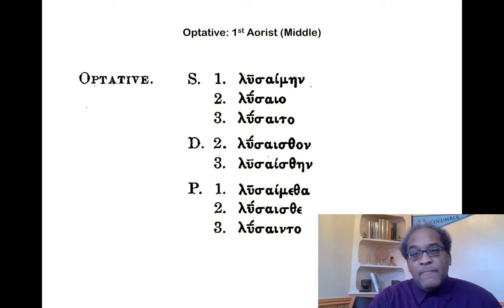So these are not very hard to recognize at all if you have familiarized yourself with the notion of your tense stem and your personal endings and all the jazz that goes on between those to give you your varied, well, in this case, the optative mood.